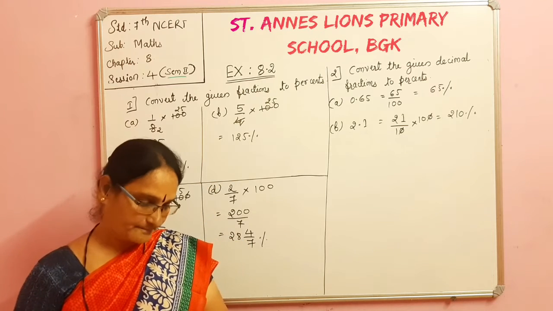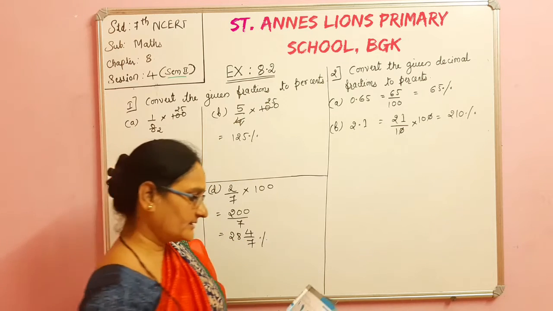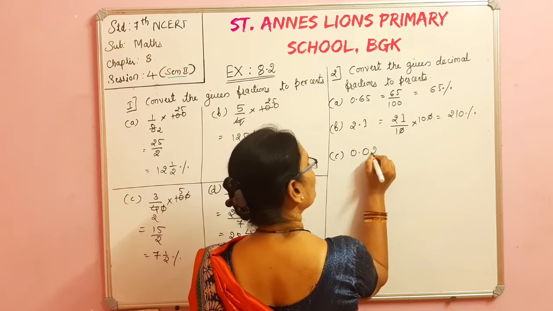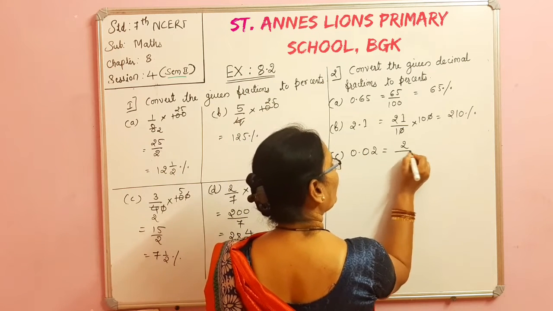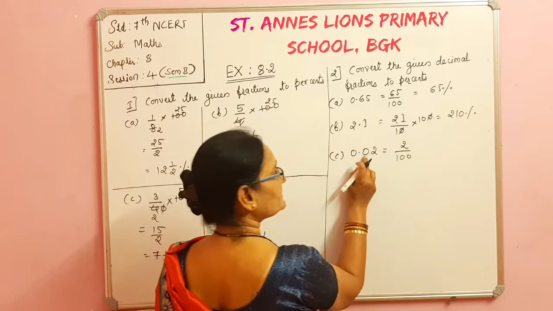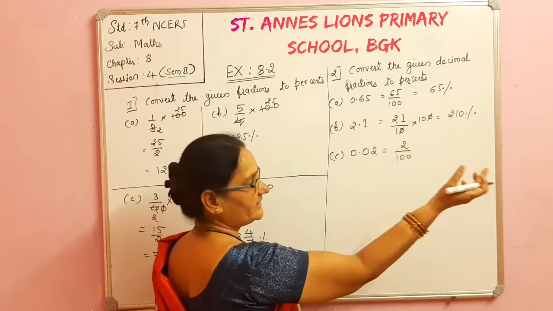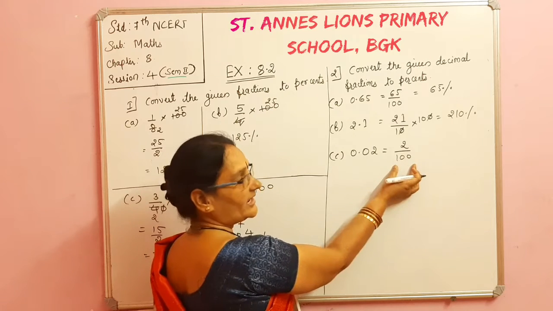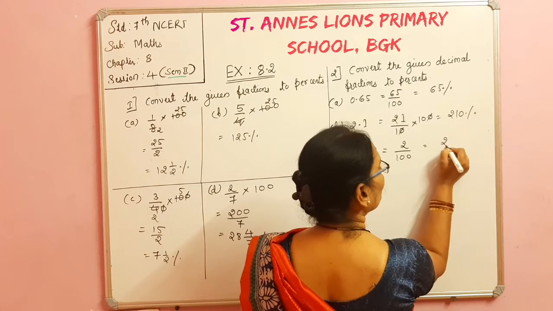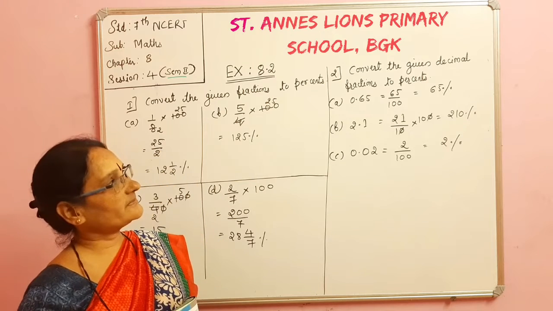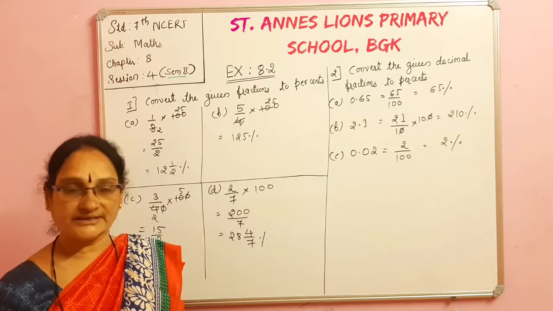Then 0.02. See here, 2 by 100. This is very easy to write into percentage. Why? Because the denominator is 100. So 2% is the answer. So given decimal fractions into percentage, very easy to convert.